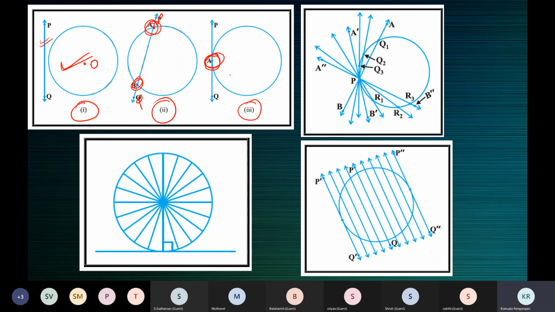A tangent is a line that intersects the circle at exactly 1 point. A secant is a line that intersects the circle at exactly 2 points.